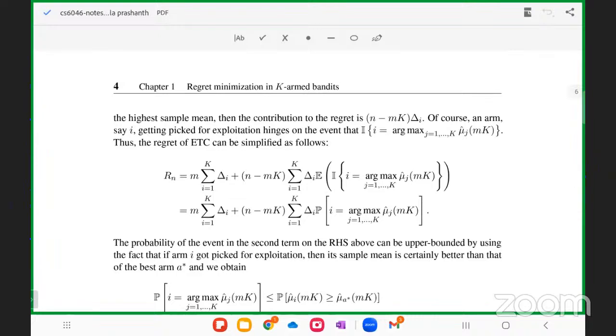So this regret till time n is m into delta i. That is the first m times we explore each arm once. So that is m into sigma delta i. Then in the remaining n minus mk times, we are summing over delta i into the indicator of which arm is being played, whether some particular arm is being played in that round or not, right?